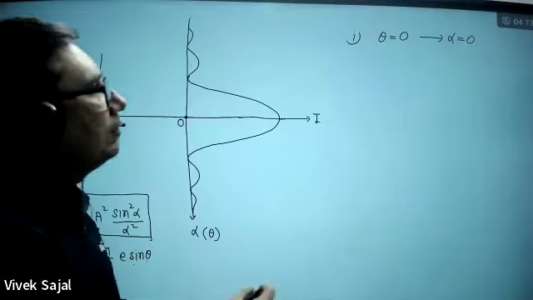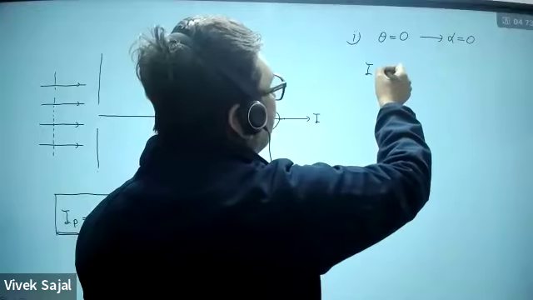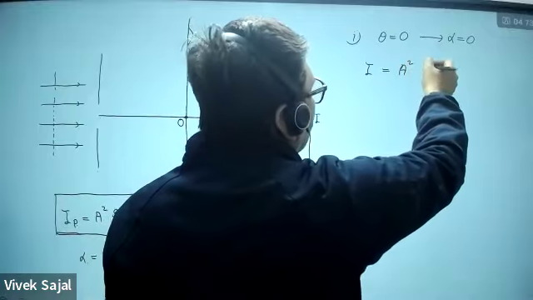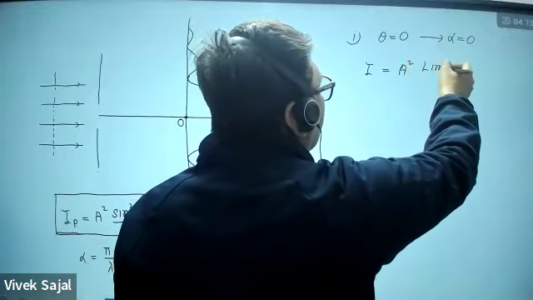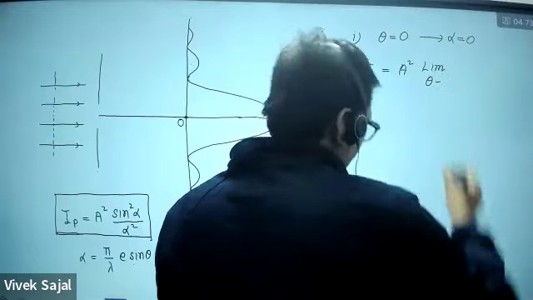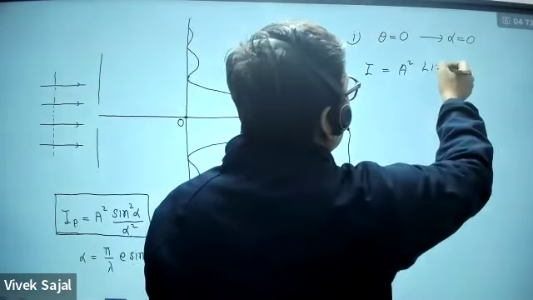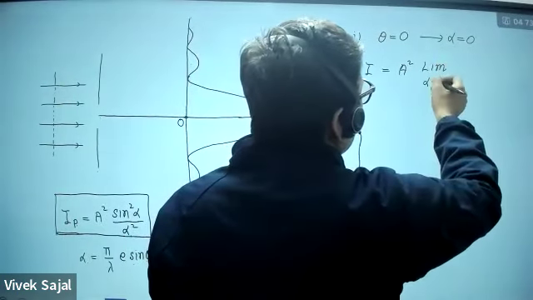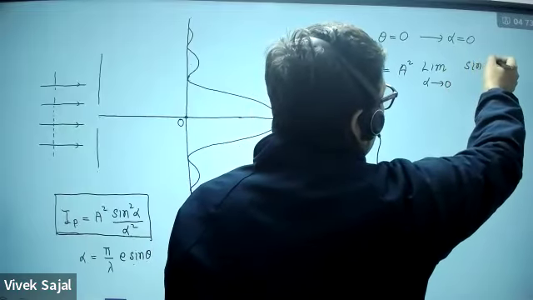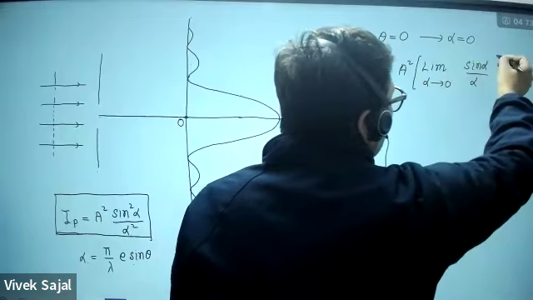Okay. So if I find out intensity corresponding to theta equal to 0, then it will be A square times the limit theta tending to 0, or when theta is 0, it will be alpha tending to 0, of sine alpha upon alpha, and make the square of this.